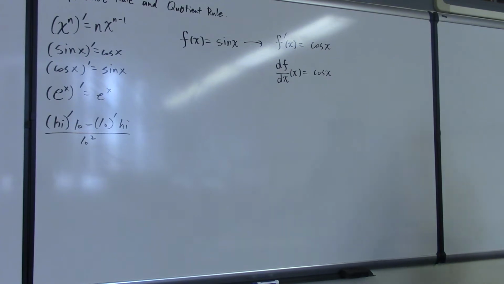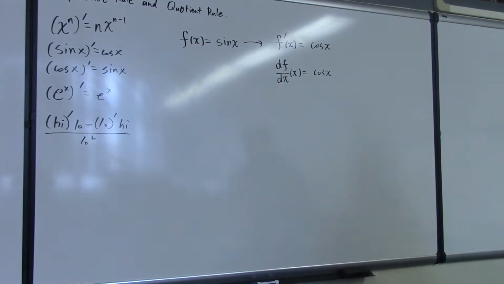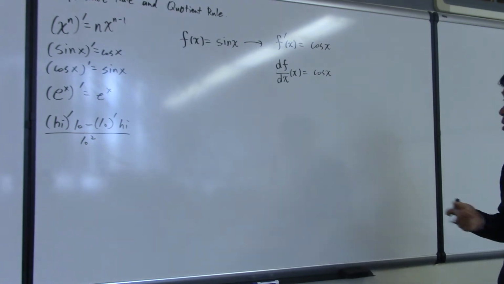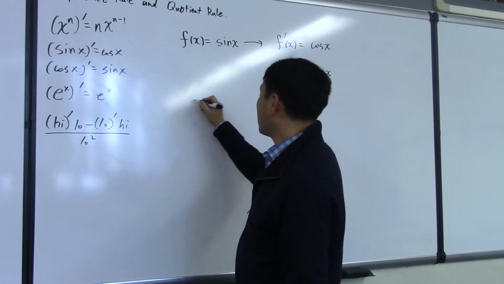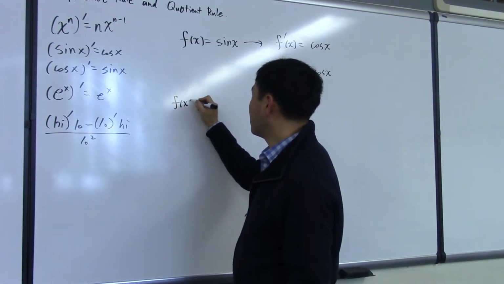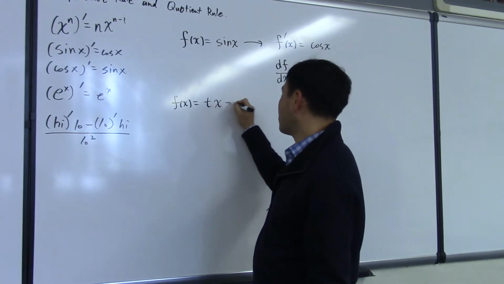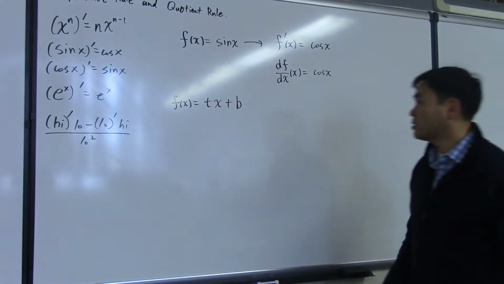The Leibniz notation has an advantage when you have more than one variable. For example, suppose you have f of x equals t times x plus b or something.